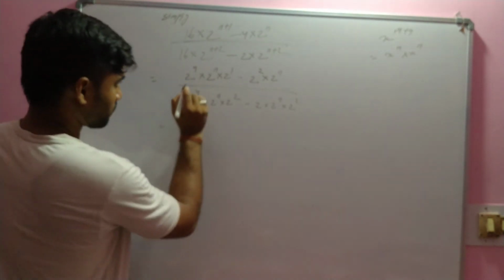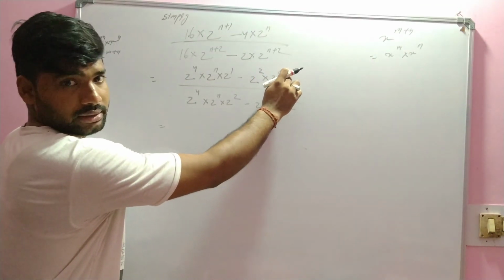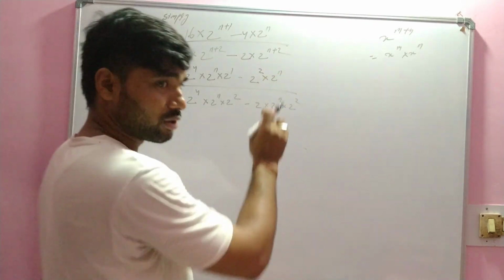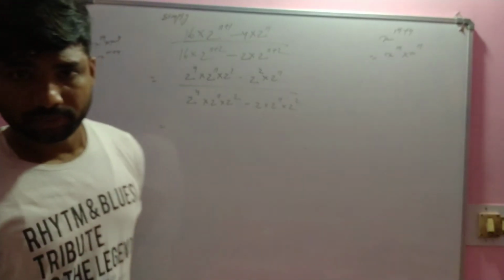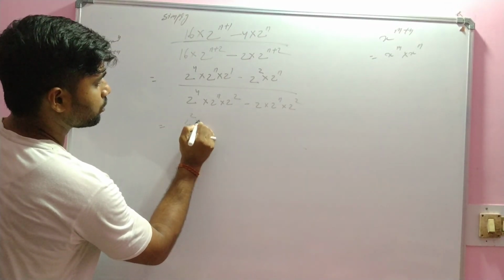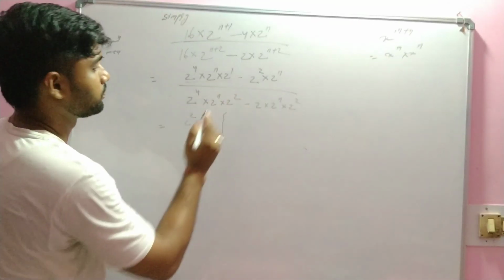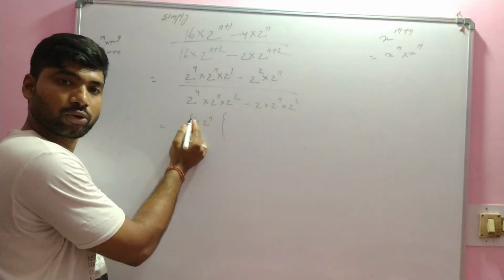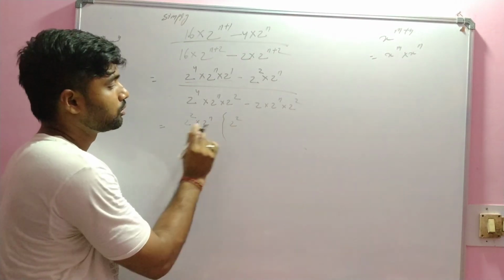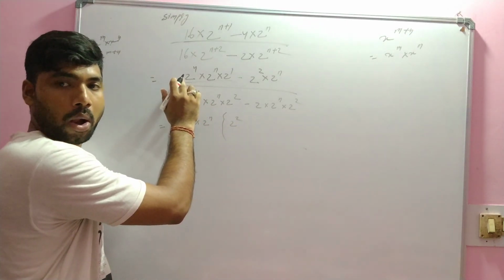Look at here. Here is 2 to the power 2, 2 to the power n. Then you can take 2 to the power 2 into 2 to the power n as a common factor. Yes or no? In this term, 2 to the power 2 you have taken as common, so the rest is 2 to the power 2. 2 to the power 2 into 2 to the power 2 equals 2 to the power 4.